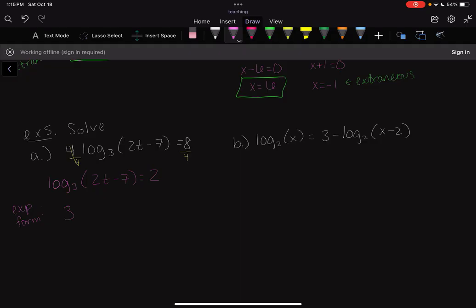Logs are equal to exponents, so my exponent is 2. And then the 2t minus 7 is now out of the log. Simplify, so I get 9 equals 2t minus 7. Add 7 to both sides. So that'll give me 16 equals 2t. Divide by 2. So t equals 8.